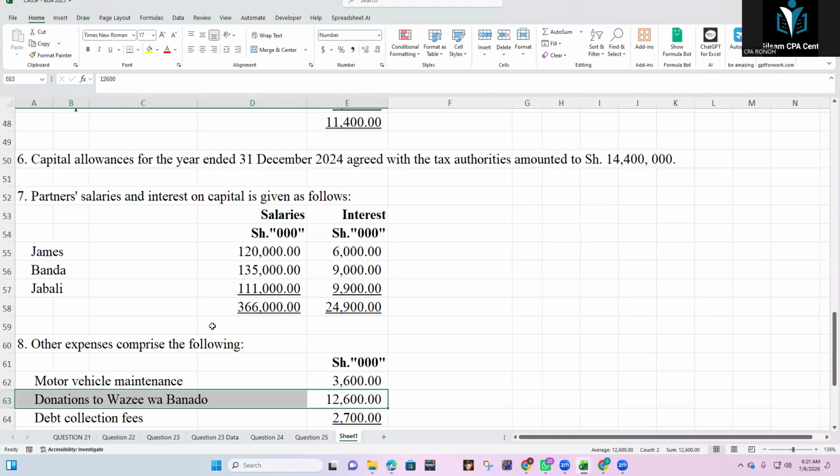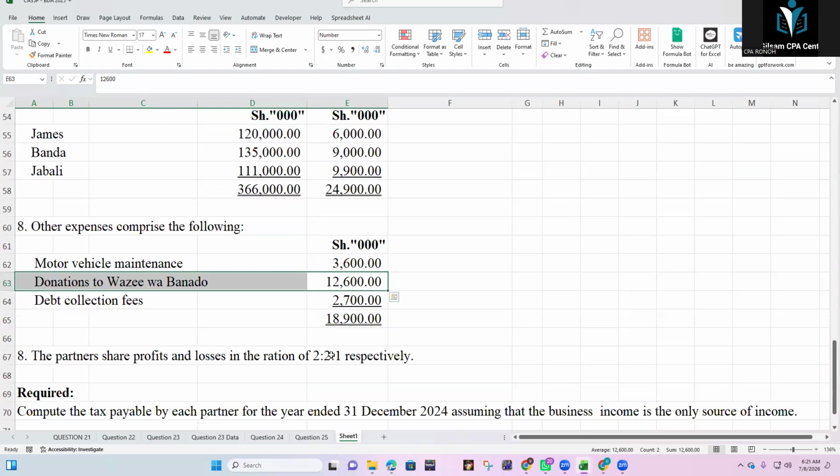If it is a charitable organization, then it is allowable. But if it was a donation to a political party or non-charitable organization, you disallow, you add back. But we have taken the assumption that it was a charitable organization, so we allow that.